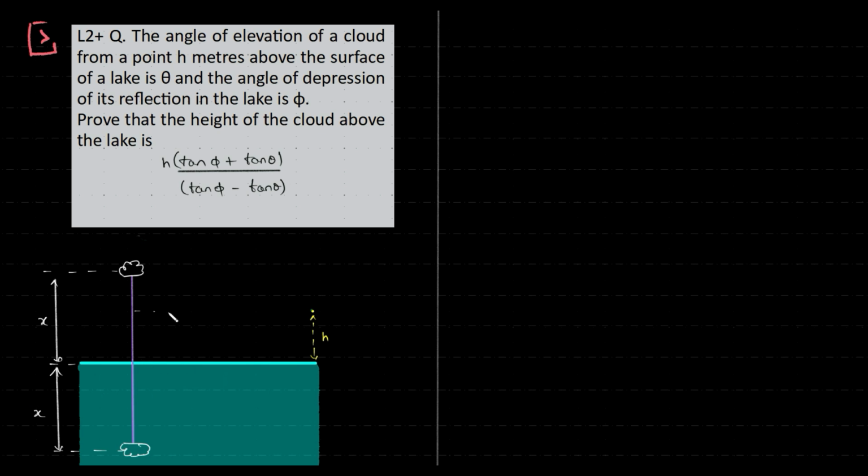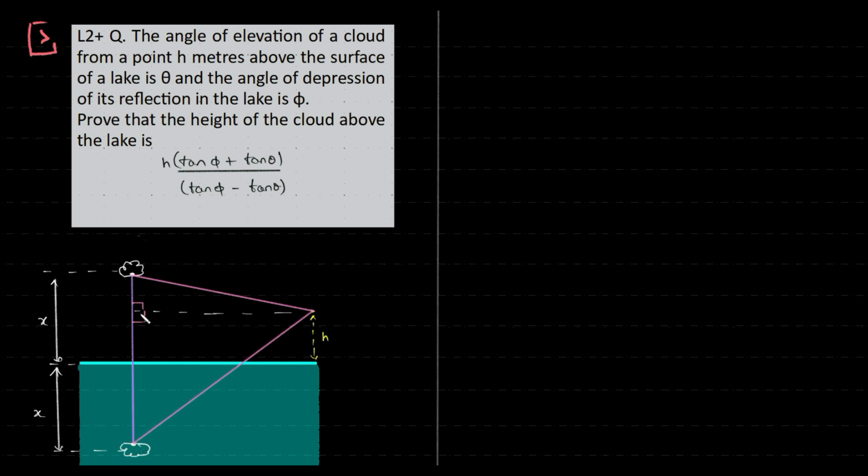Now the question is, what are we looking at in the diagram? We're looking at top and bottom. One is the cloud itself and another is the image of the cloud.